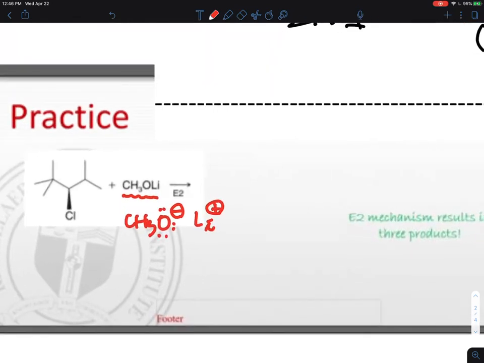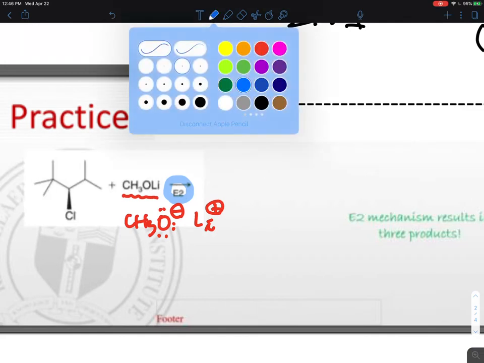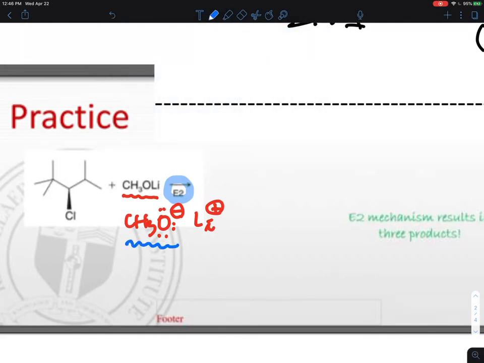The really crucial information is that this is going to happen by an E2 elimination reaction. So in that case, you are looking for something that looks like this, and we call this a base. This base is looking to take hydrogens from this molecule.